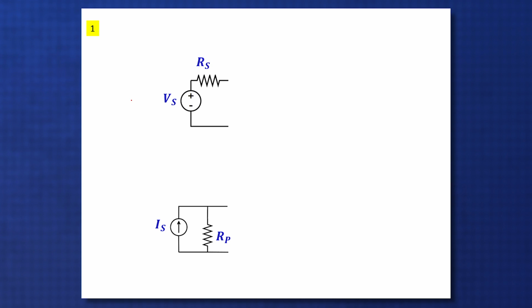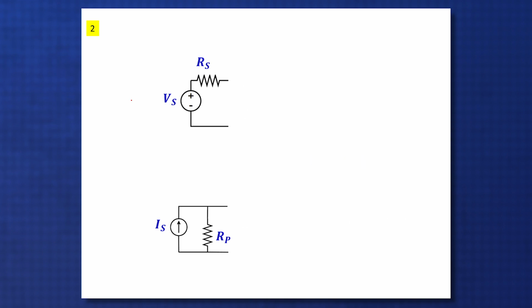So the first thing I could do is leave the two terminals open, calculate my open circuit voltage, and for these circuits to be equivalent, this test has to yield the same result, meaning that these open circuit voltages have to be the same. For the top one, open circuit voltage is just Vs, and for the bottom one, it is Is times Rp, and so I get one equation.